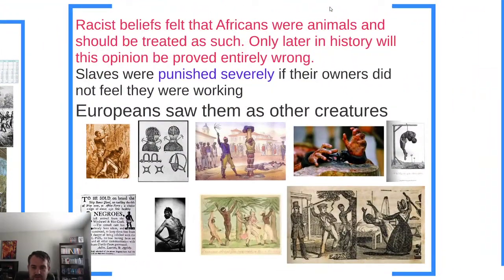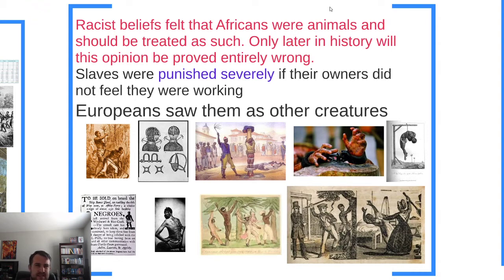Okay, and so there were racist beliefs held during this period that Africans were not human beings. There was a lot of difficulty, actually, with peoples of the New World who were so hardcore believers in Christianity. And in the Bible, there is stuff saying you cannot have slaves and you got to set slaves free.